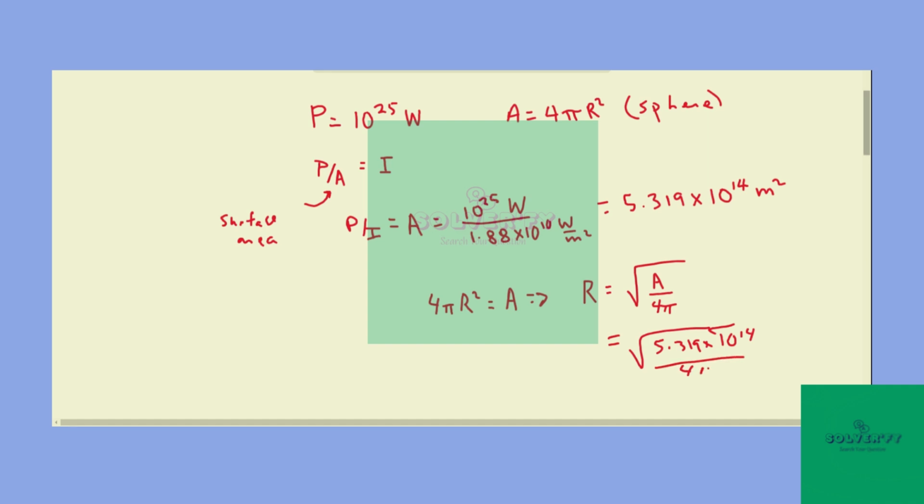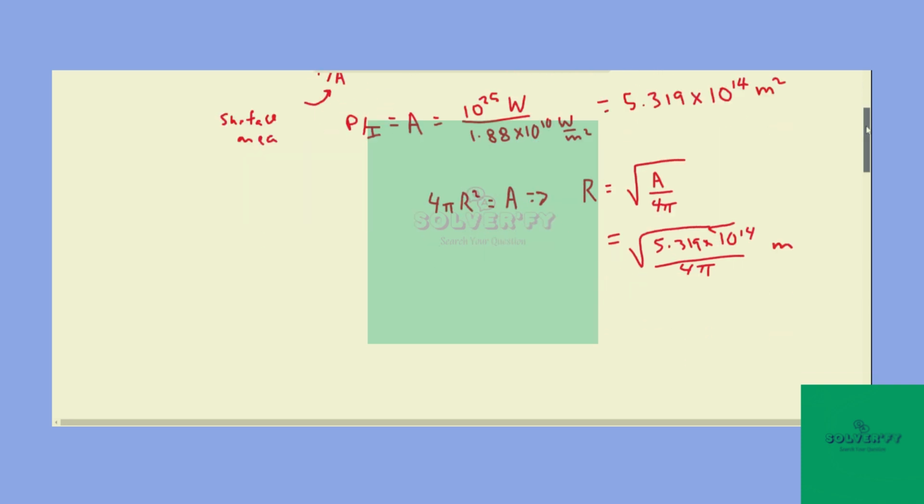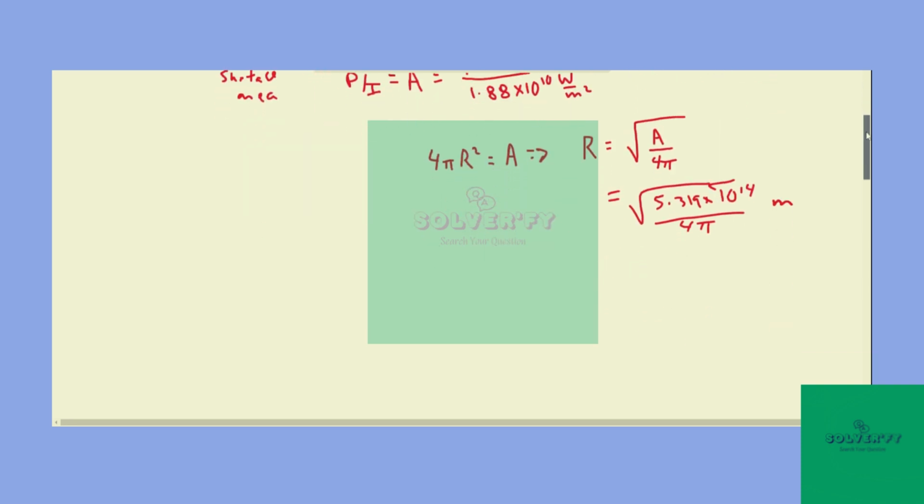And we can see that it's going to be something of the order of 10 to the 6th meters. Yes, indeed, it is 6.51 times 10 to the 6th meters.